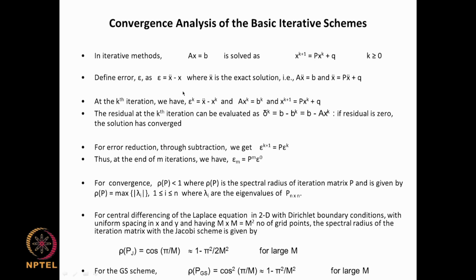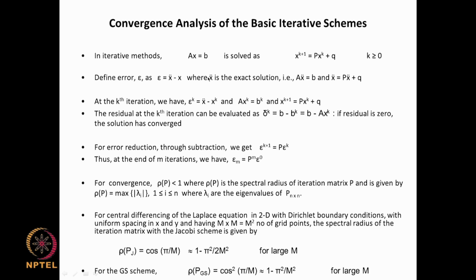It is not like acceleration of x, it is not like d squared x by dt squared, it is just a symbol to distinguish between the exact solution, which is this x double dot, and the current solution, which is x^k.